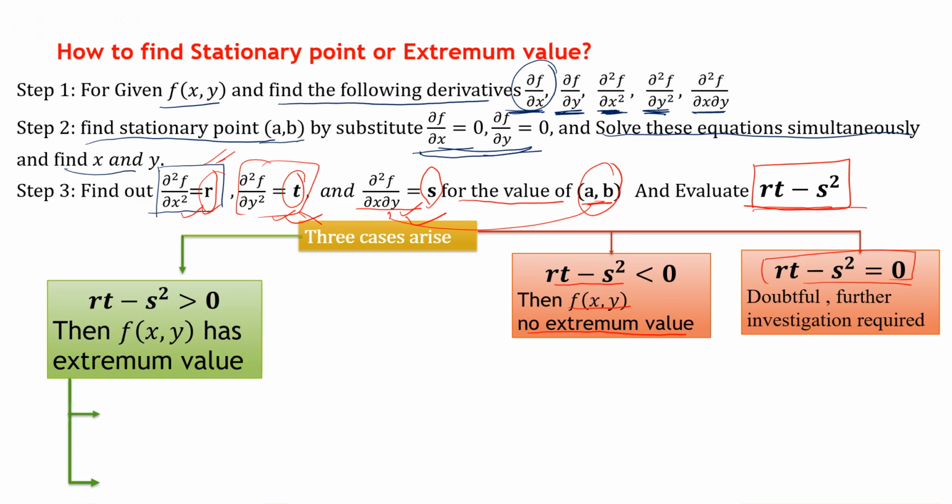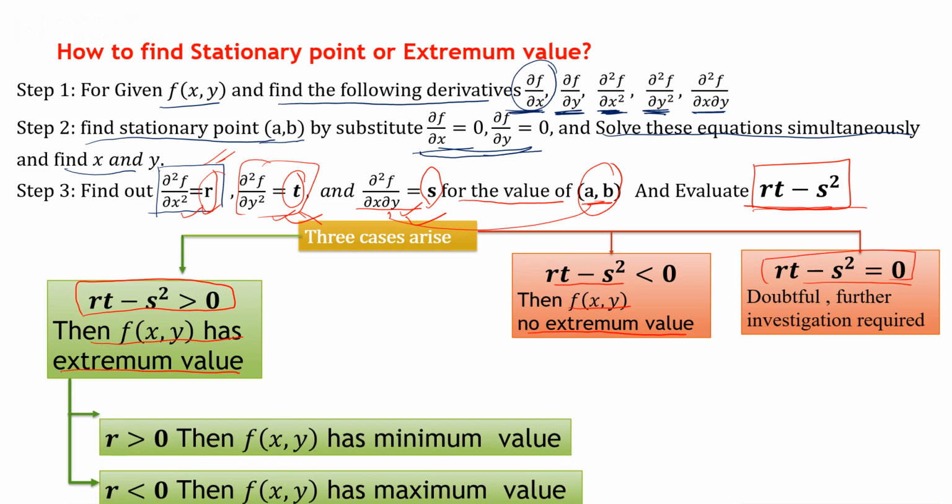And if rt minus s square is greater than 0, we can say the function has an extremum value, meaning the function attains a maximum value or a minimum value.